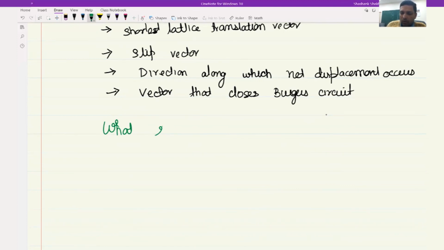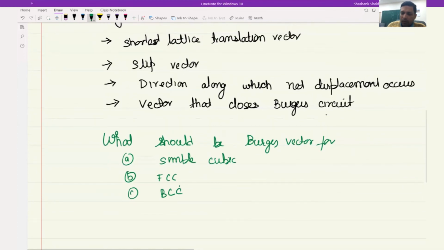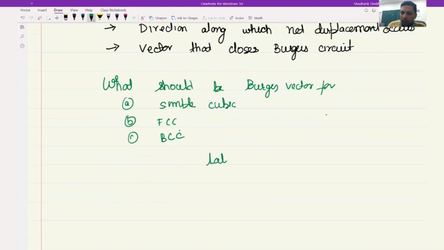What should be the Burgers vector for, let's say, simple cubic, FCC, BCC, where you are given the lattice parameter, not the lattice vector, the lattice parameter, given as A.